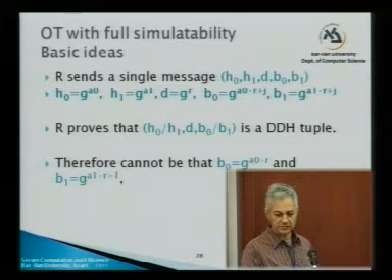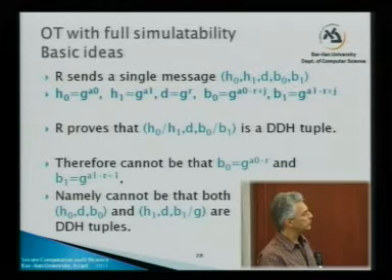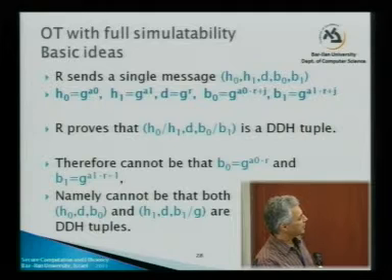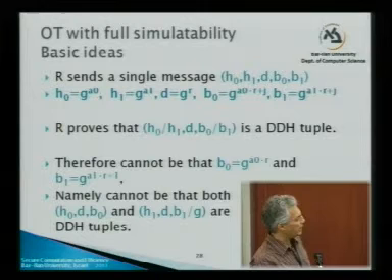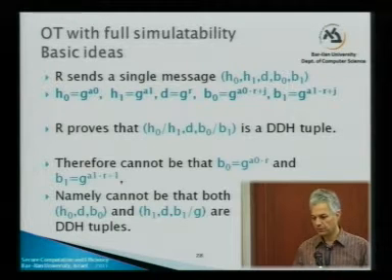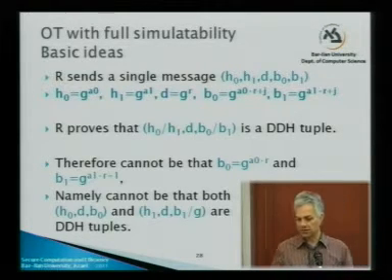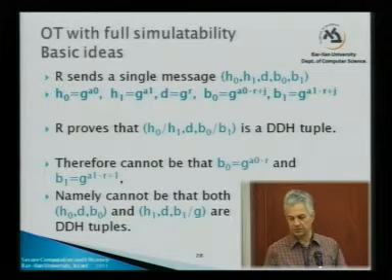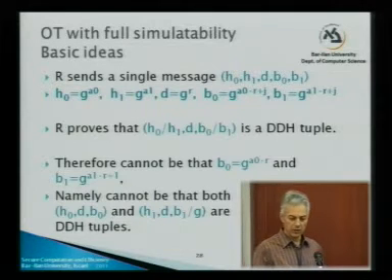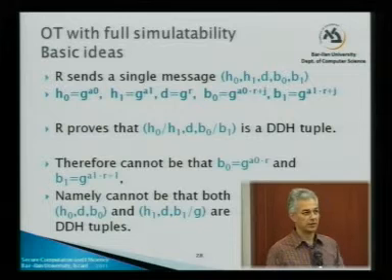So to prove that, it's sufficient to show that H0 over H1, D, and B0 over B1 is a DDH tuple. Basically, if this is true, it cannot be that B0 is g to the a0 times r, and B1 is g to the a1 times r plus 1.